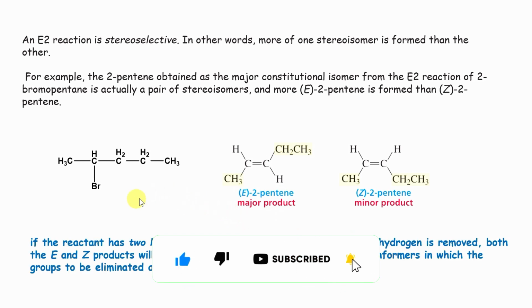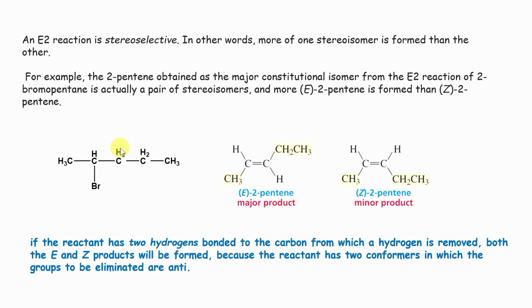That is, if the reactant has two hydrogens bonded to the carbon from which a hydrogen is removed, both the E and Z products will be formed, because the reactant has two conformers in which the groups to be eliminated are anti.